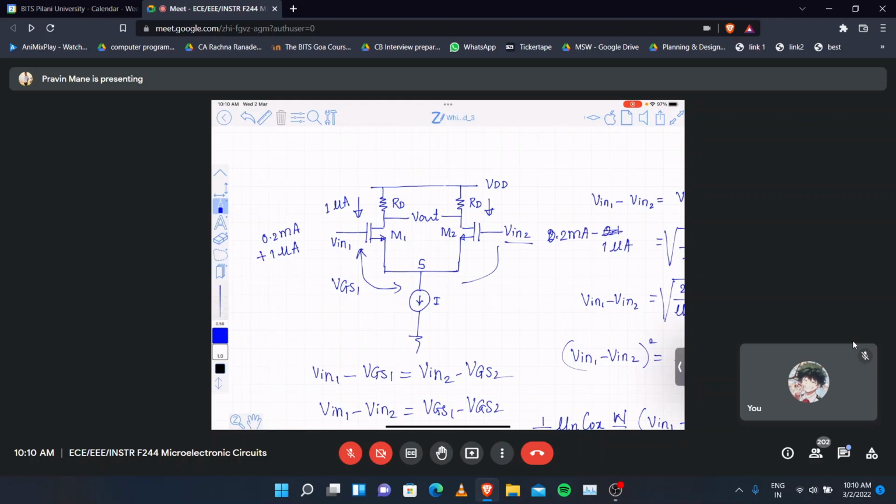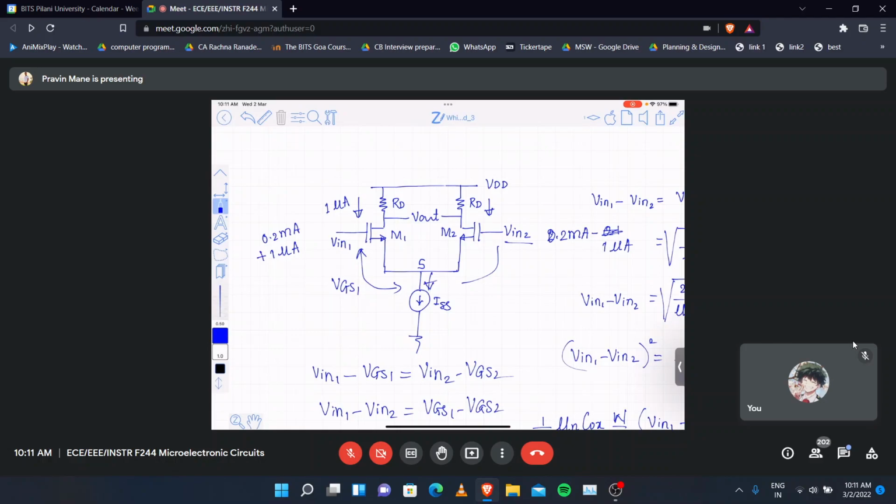So it will increase in one path by some value and decrease by the same amount in the other path. So the total current becomes equal to ISS. You should understand this. Clear? Is it clear what I said?